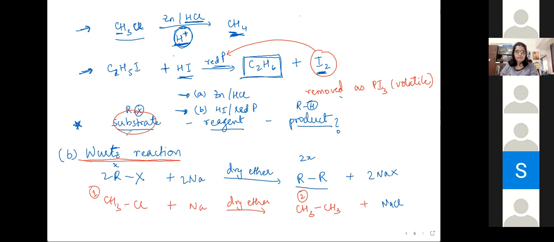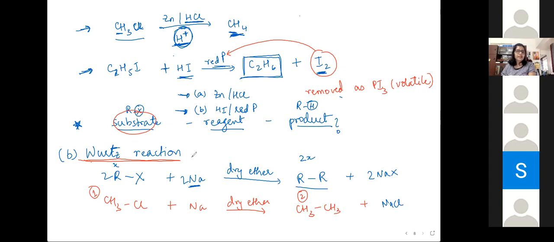Again, as I said, focus on substrate, reagent, and the main product. When it comes to reagent, it's not just the Na. Pay special focus on dry ether also, because if there's any sort of moisture involved, then it's going to be a completely different reaction. You're going to have OH substituting in place, and you're going to get a completely different product.